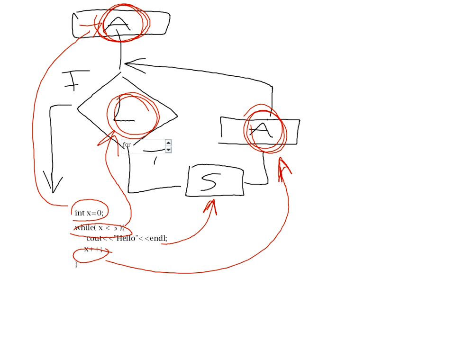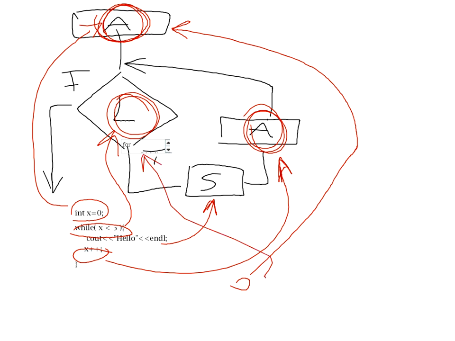Okay. So here you can see that, it's getting really small, but int x equals 0 is A, and then we have the logic, then we have the update, and then we have the statement.